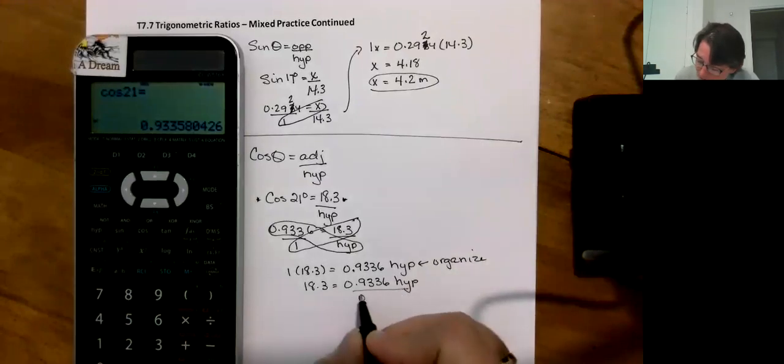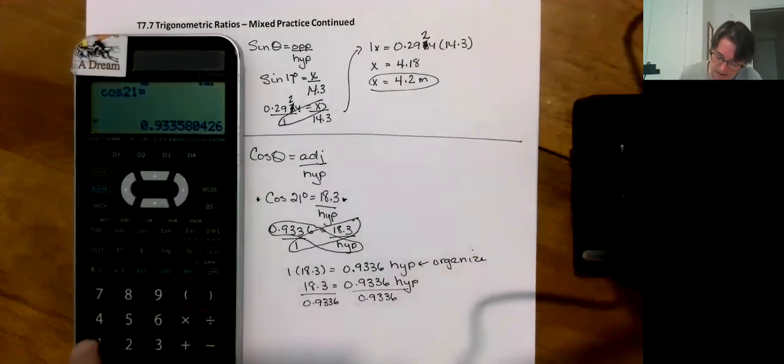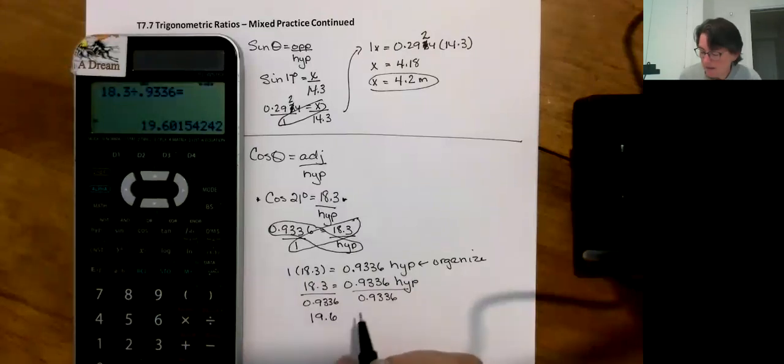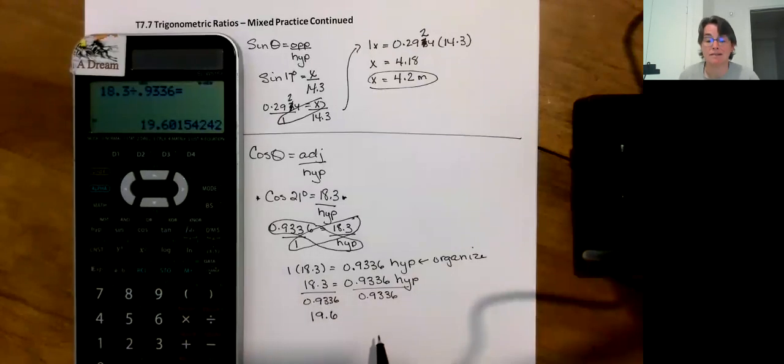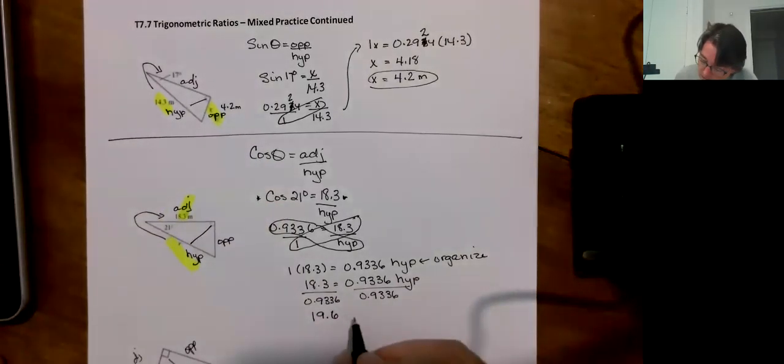Let's just divide. 18.3 divided by 0.9336 is 19.6. I'm paying attention now because even I'm getting tired of writing the extra stuff out. My picture has 1 decimal, so I will use 1 decimal as an answer.